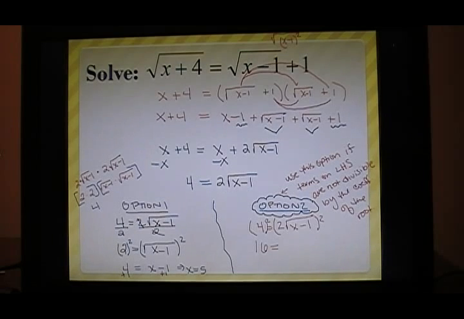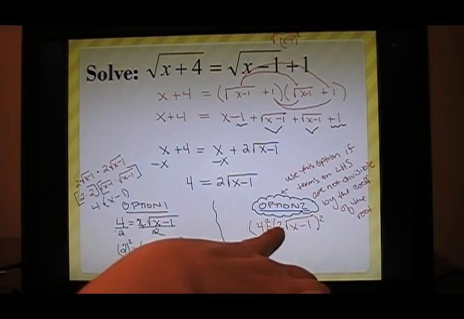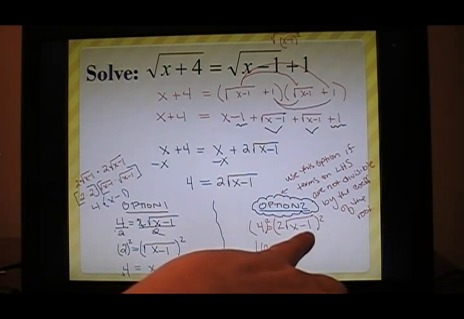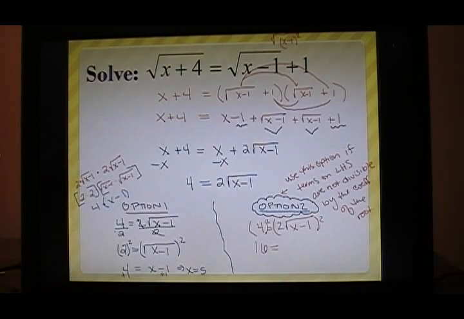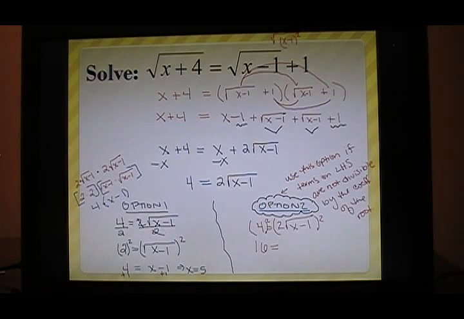If I multiply 2 by 2, I get 4. If I multiply the square root of x minus 1 by the square root of x minus 1, I get x minus 1. But don't forget that we're still doing a multiplication. And if you're multiplying a monomial by a binomial, you have to show that using parentheses. So when you square 2 root x minus 1, you end up getting 4 times the quantity x minus 1.